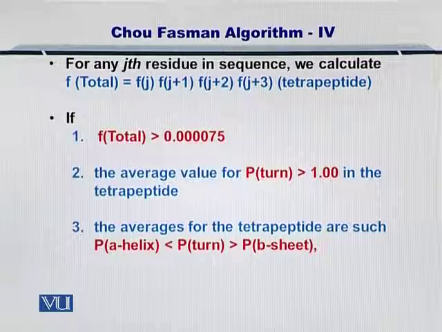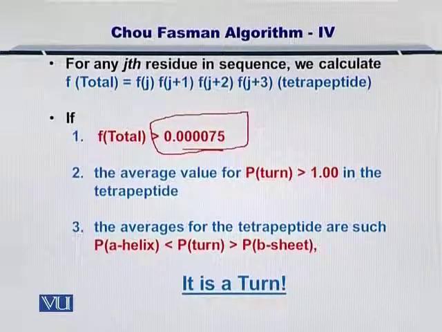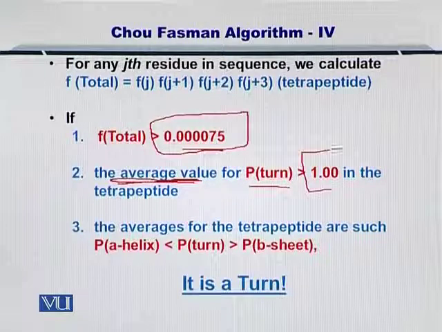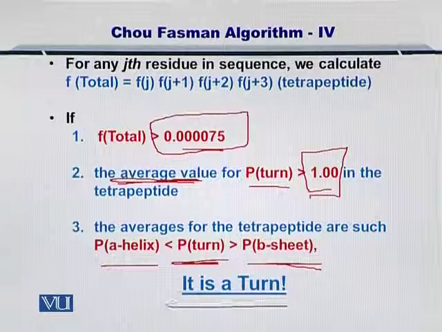Next, you see the value P total, that is F total here, and if this value is greater than 0.000075, as well as the average value for this propensity in the turn is over 1 in the tetrapeptide, and thirdly, the alpha helix propensity here is less than the propensity for a turn, which is greater than the beta sheet, then it is a turn.